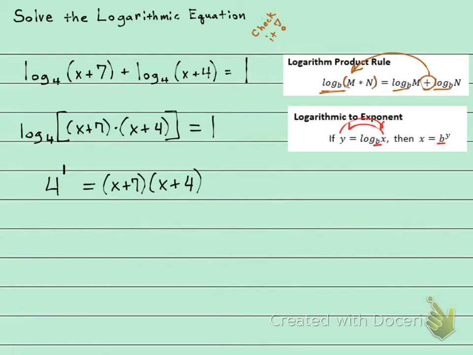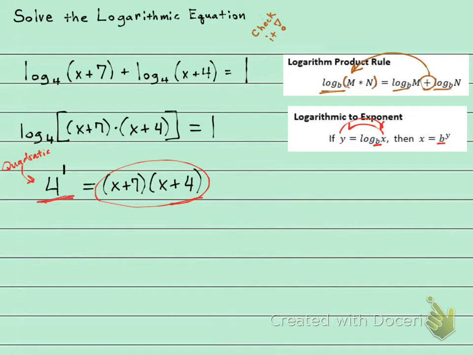Now, we have a quadratic equation. If you need to brush up on quadratic equations, this would be a good time. Let me write it down here. Quadratic. First thing I'm going to do is FOIL this out, and then I'm going to set it equal to 0.